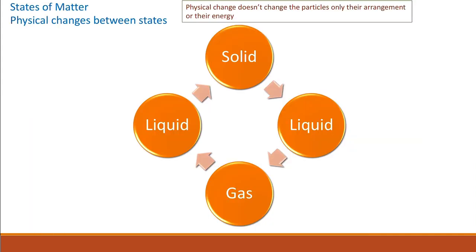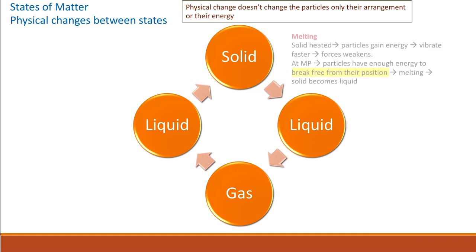The physical changes between the states only change the arrangement and energy of the particles, but don't change the particles themselves. So the change from solid into a liquid is called melting.